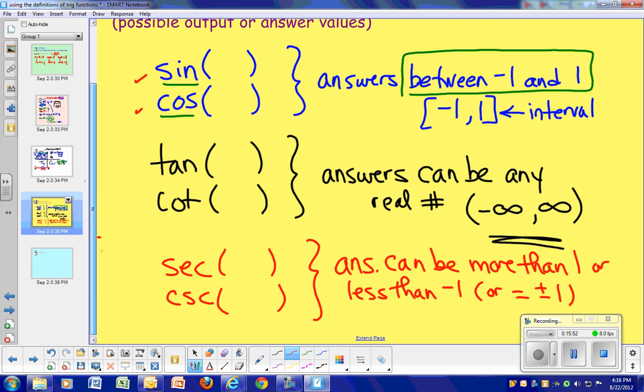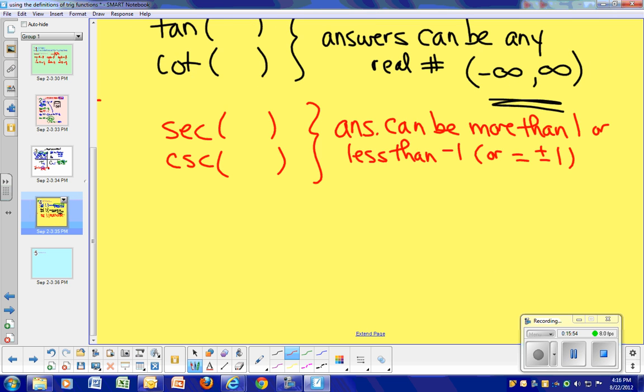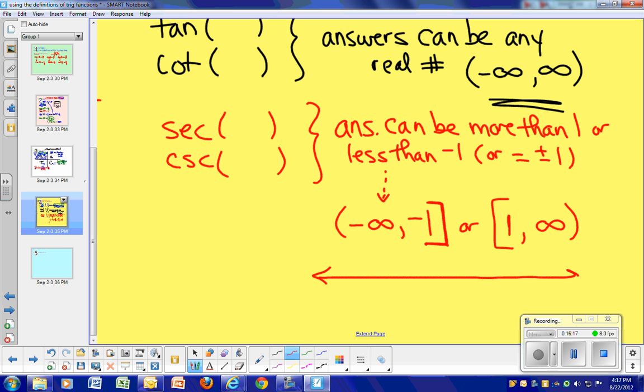Okay, so that's very wordy, and so here's where interval notation is kind of nice. The interval notation for this would say answers could be as small as you want until you get to -1, and it includes -1. So you have a square bracket here that shows including, or starting at +1, bigger, bigger, bigger than that. If you were graphing on a number line, this same information would look like this.